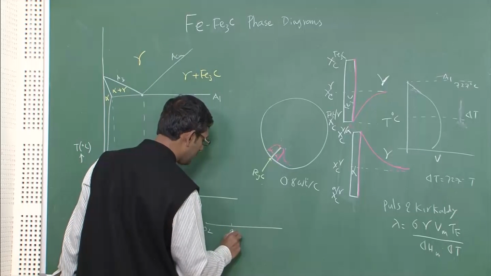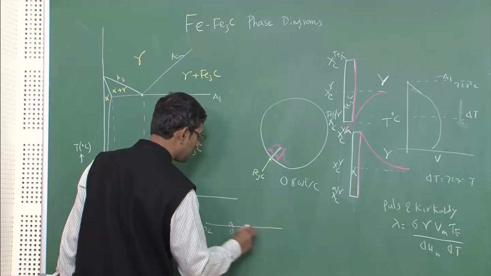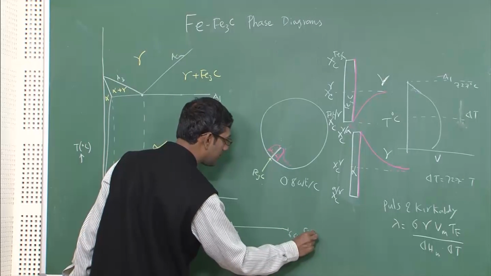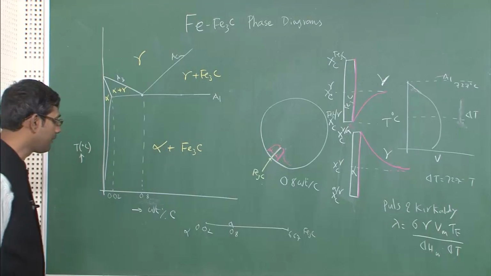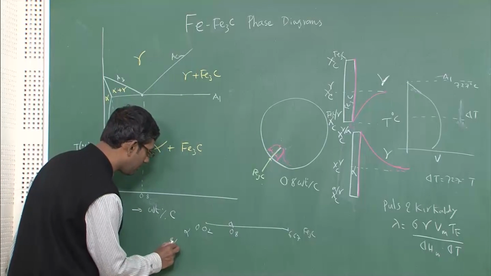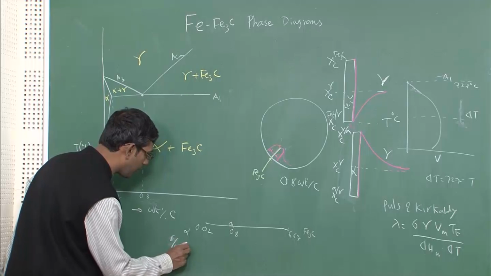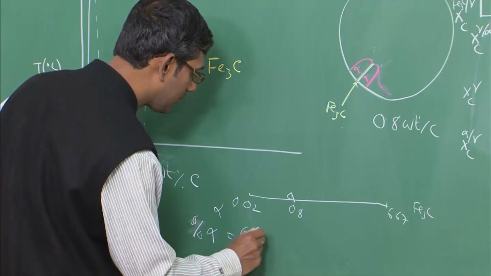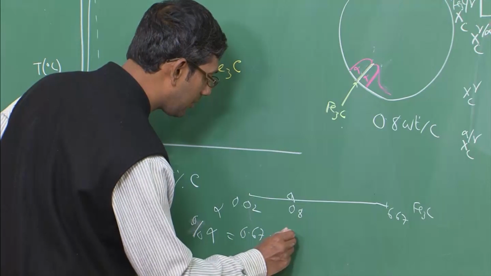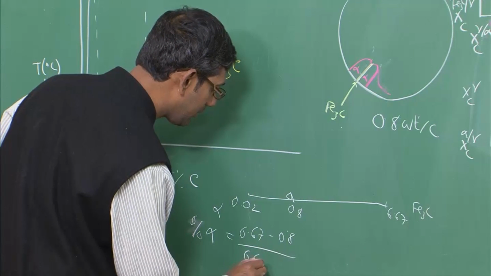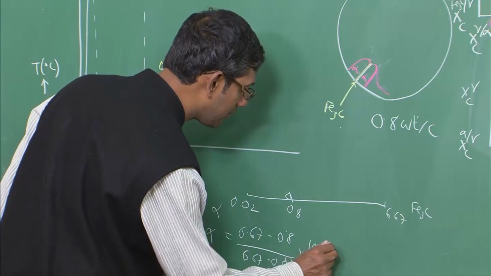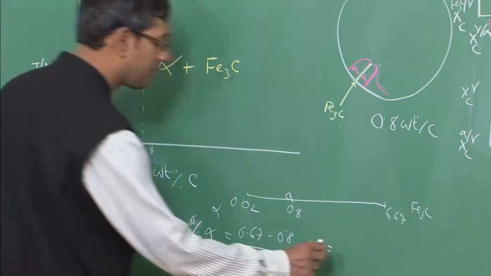This is 0.8, on which we put the fulcrum, and this is 6.67, the carbon concentration of cementite. If we apply the lever rule, the volume percentage of alpha is (6.67 minus 0.8) divided by (6.67 minus 0.02), into 100, and this comes to about 87%.